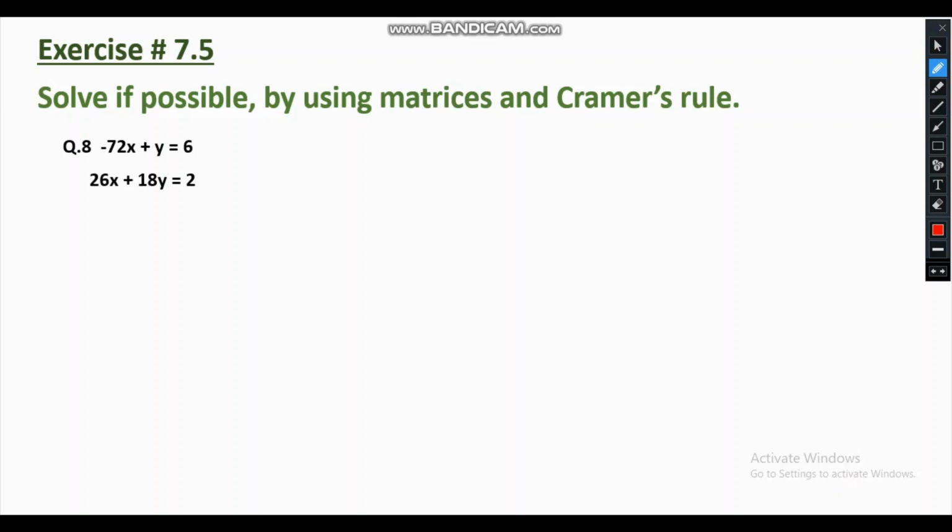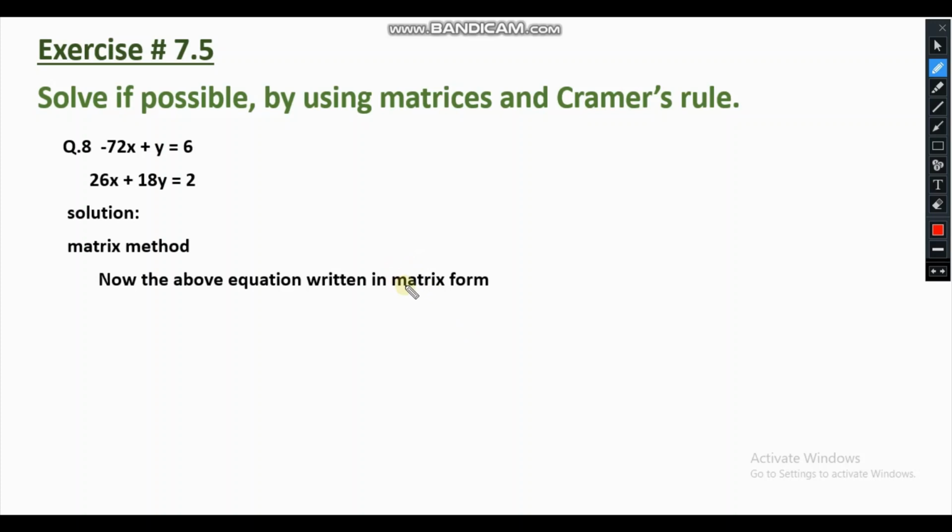Now question number 8, which is minus 72x plus y is equal to 6 and 26x plus 18y is equal to 2. Now this equation we will solve by the matrix method. Now the above equation written in matrix form.